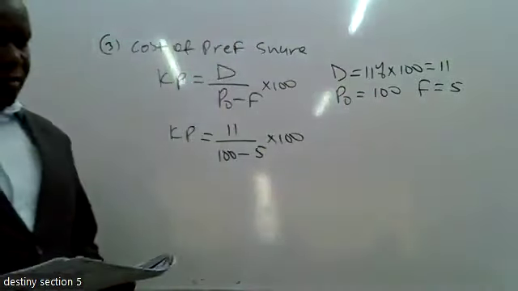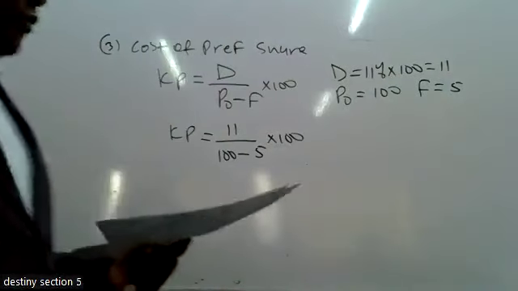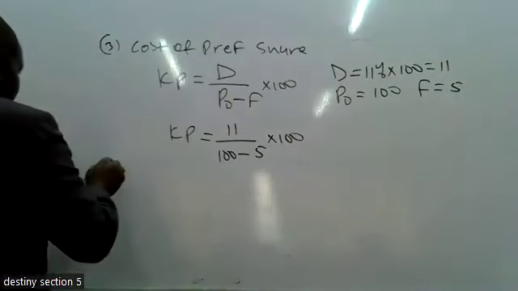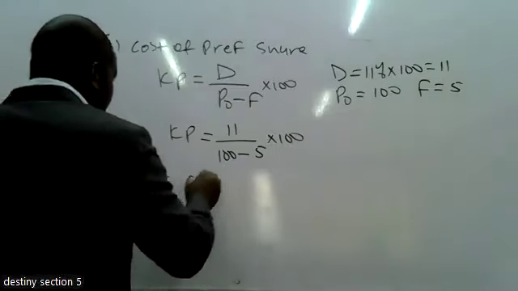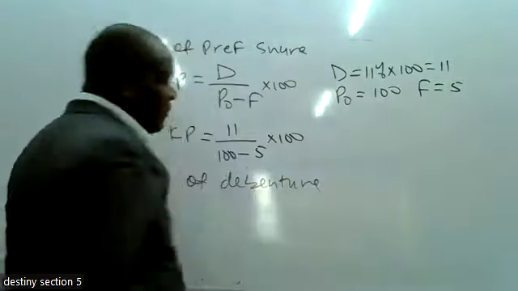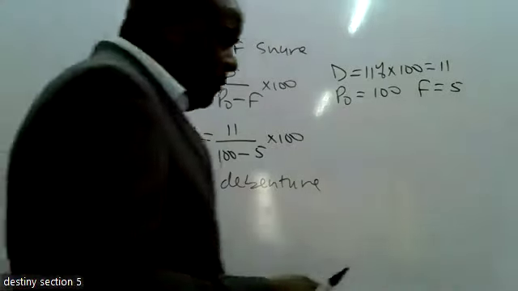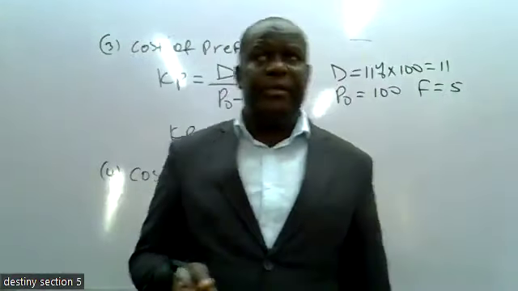So we go to the cost of the debenture. We now also compute the cost of the debenture. That debenture is irredeemable, simply because they have not given us the maturity period.